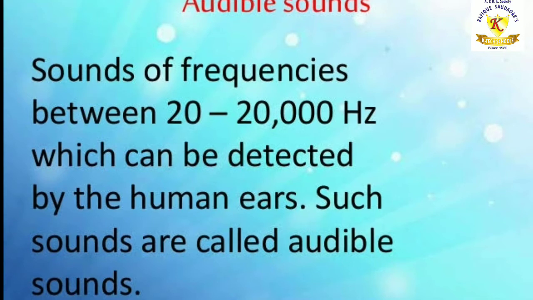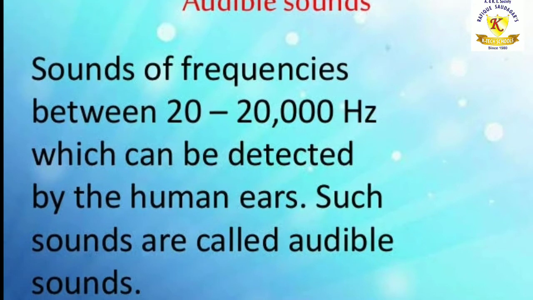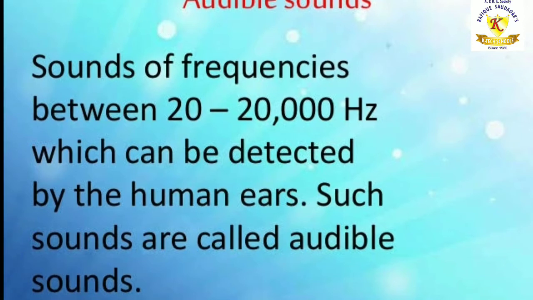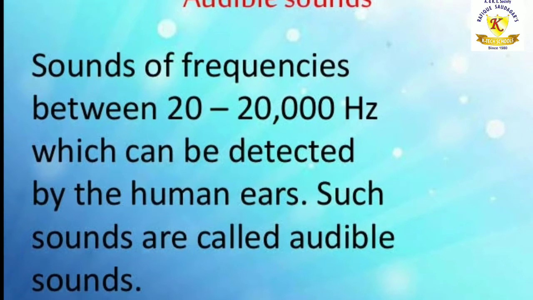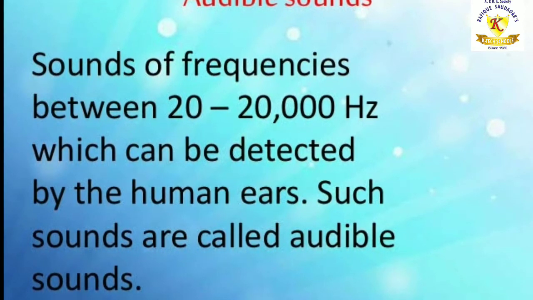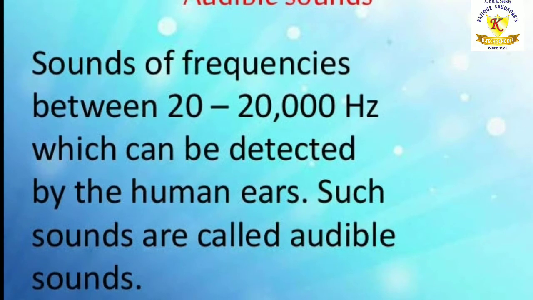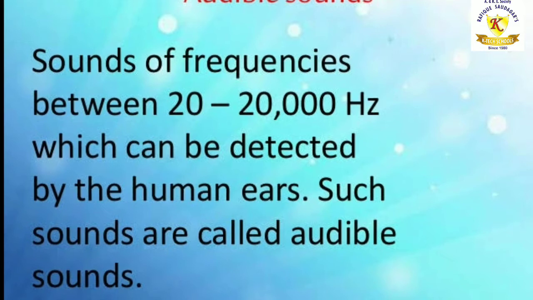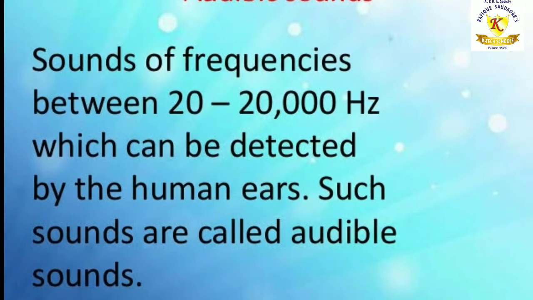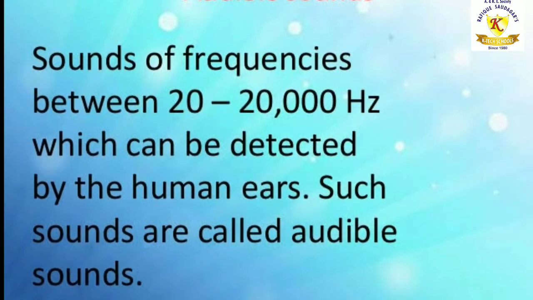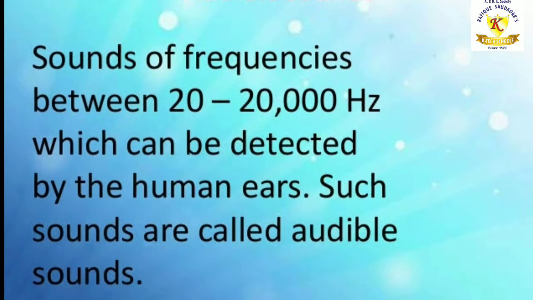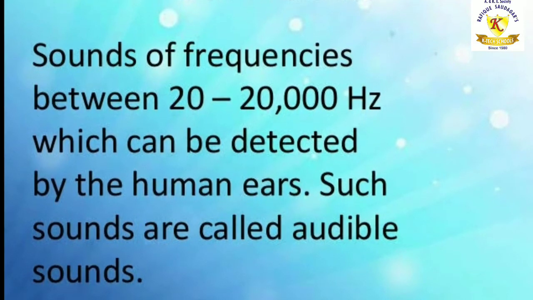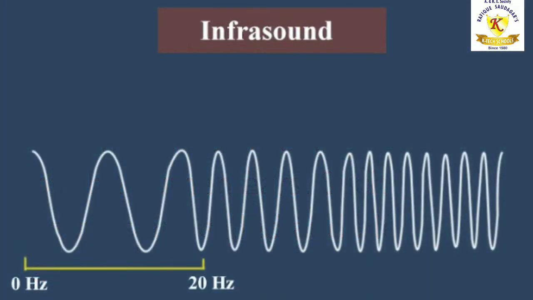So, these sounds are called audible sounds. Understood, children? Our ears cannot hear sounds of frequency lower than 20 Hz and higher than 20,000 Hz. Understood? Let's see the next.